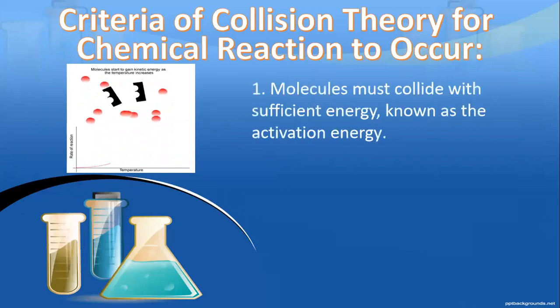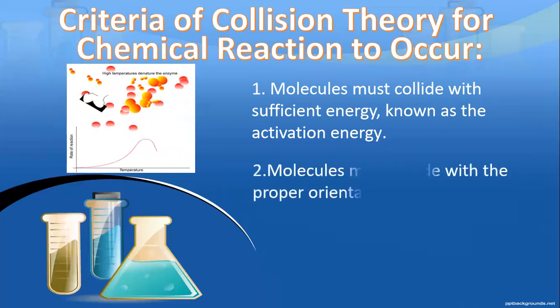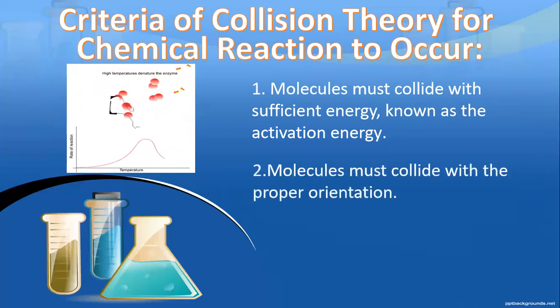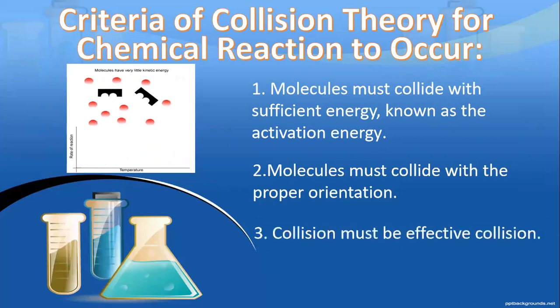First, molecules must collide with sufficient energy, known as activation energy, so that chemical bonds break. Second, molecules must collide with the proper orientation. And lastly, a collision that meets criteria number 1 and criteria number 2, which results in a chemical reaction, is known as an effective collision.